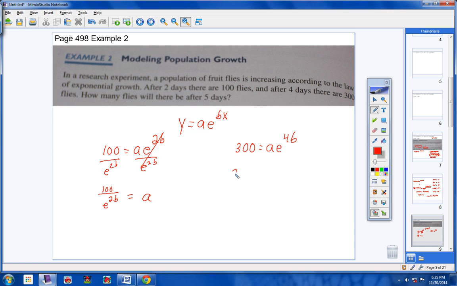So now I have this, 100 over e to the 2b. That's for a. And now bring down the rest of your equation, e to the 4b. Now look, this whole equation now has only b's in it. So I can solve this for b.